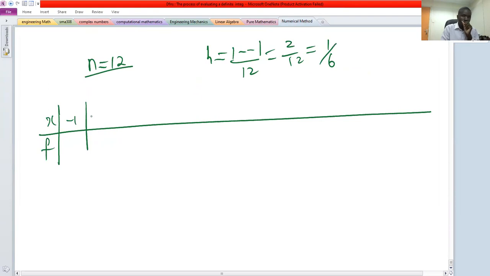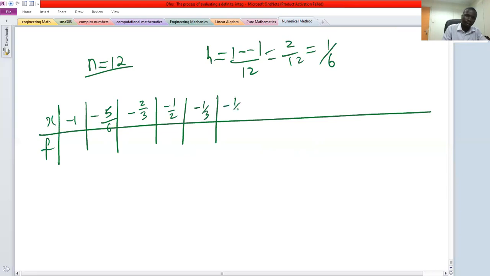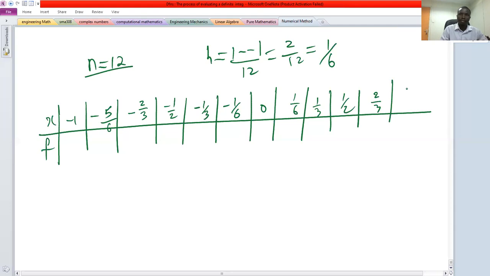For x: -1, then going up by 1 over 6 through 0, 1 over 6, 1 over 3, a half, 2 over 3, 5 over 6, and then 1.